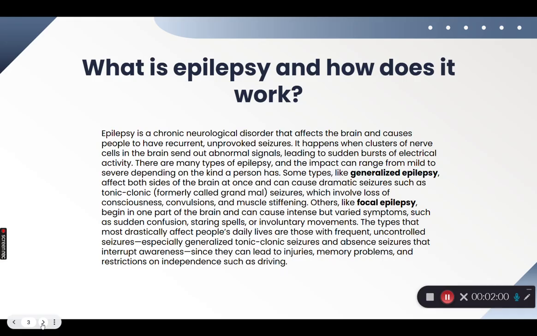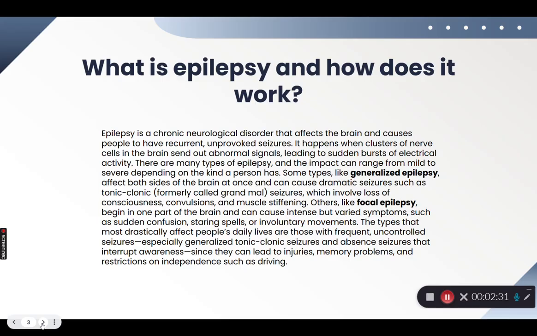A lot of those can be tonic-clonic, which will be very severe, and those will be most of the ones that you see on TV: loss of consciousness, convulsions, and muscle stiffening. But like I said, focal epilepsy can begin in one part of the brain and cause intense or varied symptoms, such as sudden confusion, staring spells, and involuntary movements. So it's a bit different depending on which type you have.